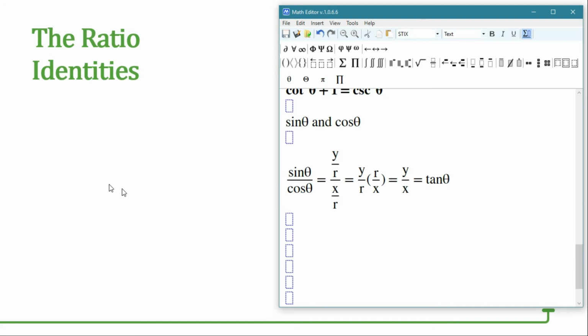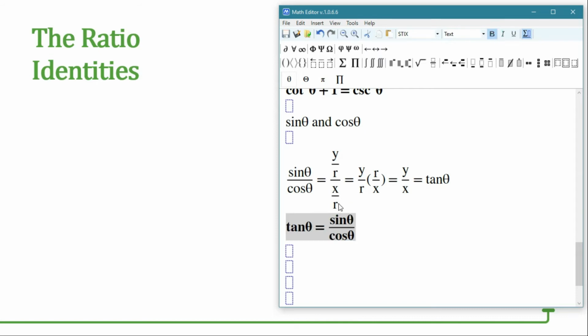So our first ratio identity is that we can represent the tangent of an angle as the ratio of the sine of an angle over the cosine of an angle. So that makes our first ratio identity.